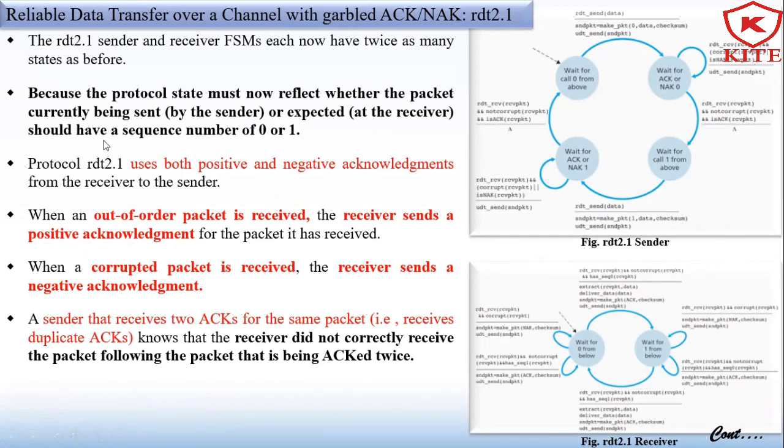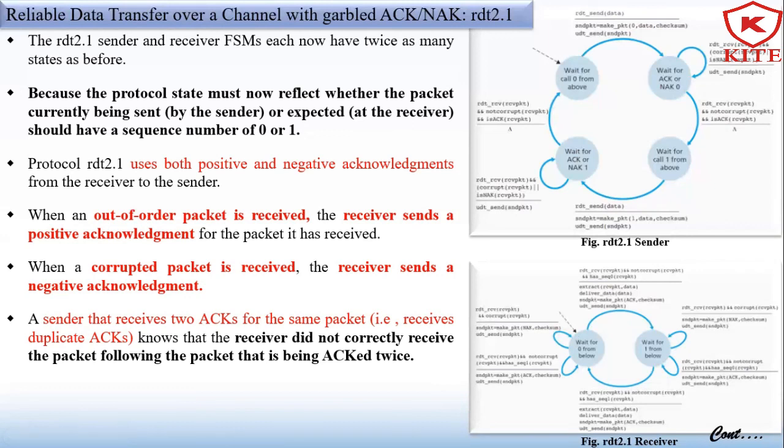Here protocol RDT 2.1 uses both positive and negative acknowledgement from receiver to sender. When an out of order packet is received, the receiver sends a positive acknowledgement for the packet it has received. But when a corrupted packet is received, the receiver sends a negative acknowledgement.